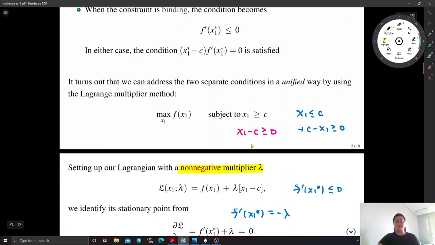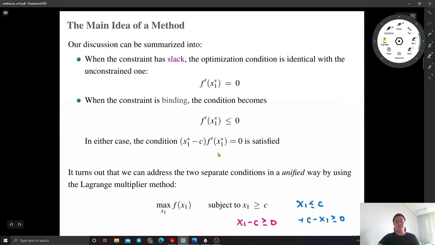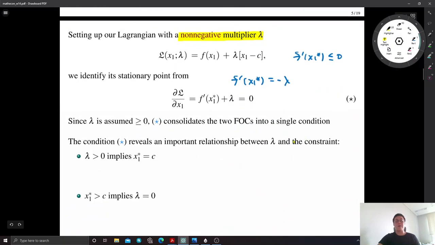So previously, we wrote the complementary slackness condition in terms of the constraint and the derivative, right? And then we can rewrite this in terms of the multiplier and the constraint. If we think about this case, if lambda is strictly positive, then by this condition, f prime is going to be strictly negative.